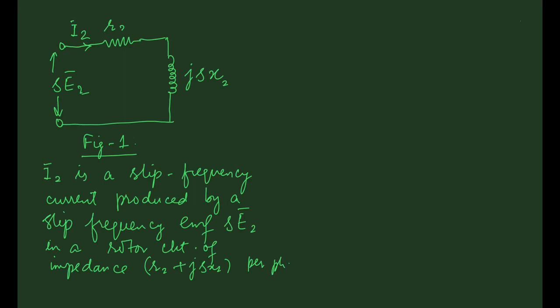Now the power associated with the rotor circuit of figure 1 is the rotor copper loss, which can be written as rotor copper loss PCU2 will be equal to I2 square R2, and it's the copper loss per phase of the rotor circuit.